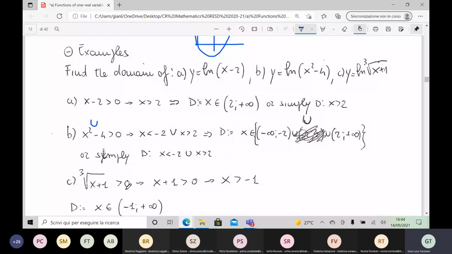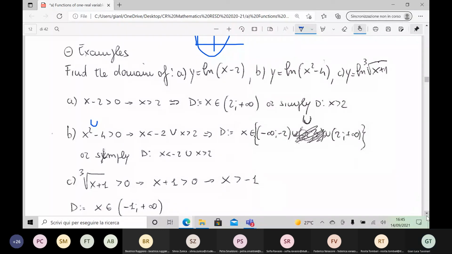But a cubic root is strictly positive if the radicand is strictly positive. So this is equivalent to say that the radicand is strictly greater than 0, from which you get x greater than -1, and so the domain is x belonging to the open interval from -1 to plus infinity.